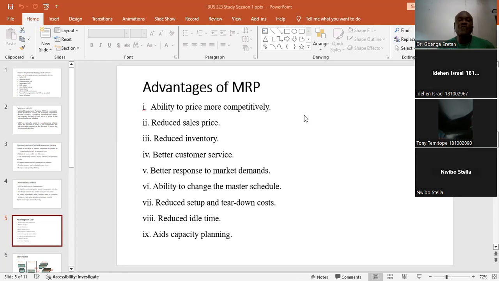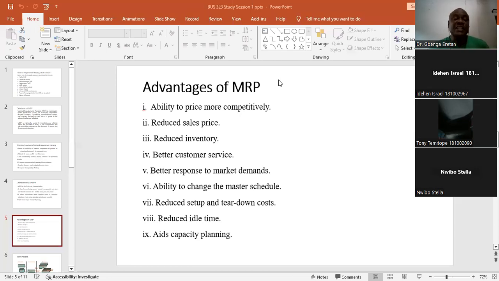Because you ensure efficient use of the machine, you'll be able to reduce the setup cost, and you'll also be able to reduce the tear down cost. And the tear down cost here is the level of depreciation. In that case, the machine will be put to effective use.